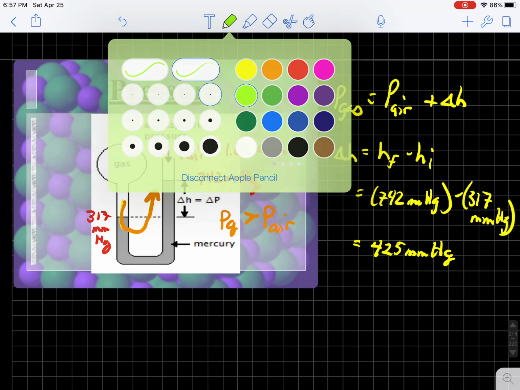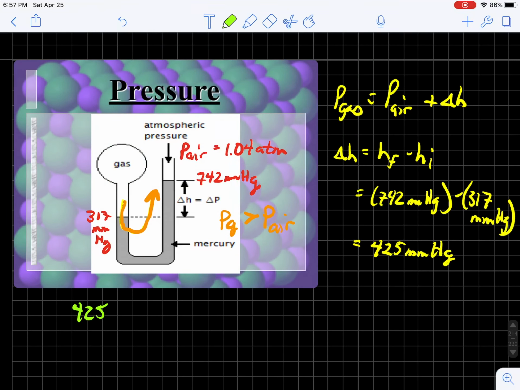And we're going to have to convert that to atmospheres to add it to 1.04 atmospheres. So we'll make that conversion. 425 millimeters of mercury, multiply by a fraction, get millimeters of mercury to cancel and convert it to atmospheres. So 425 divided by 760 this time, and I get 0.559.